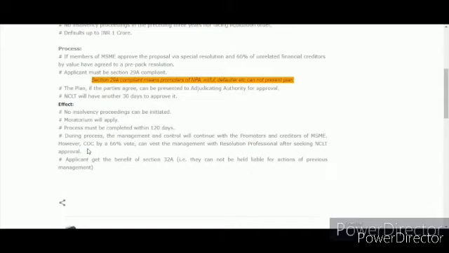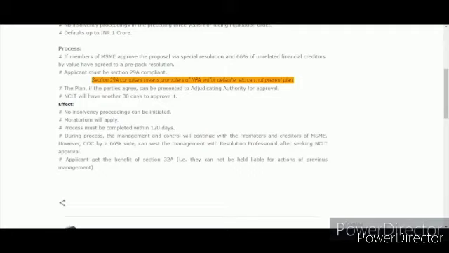If you have read the IBC law, in the normal corporate insolvency resolution process, which is CIRP, the management and control rest with the resolution professional, not with the promoters or the directors. But in this pre-pack insolvency resolution process, the control remains with the promoter. Sorry, I have written a wrong word. Don't read it as creditor, it's director.